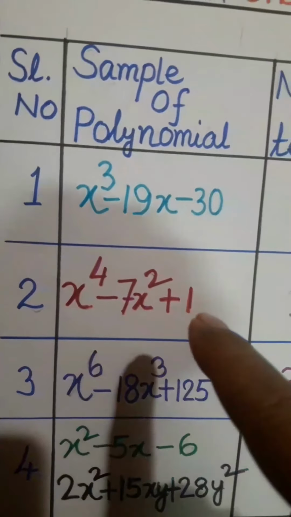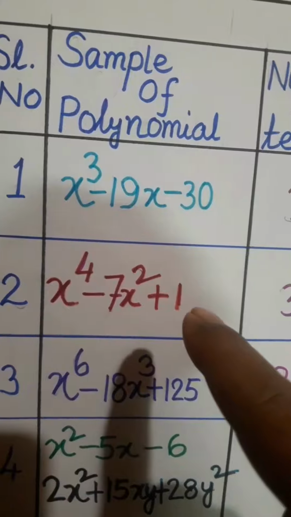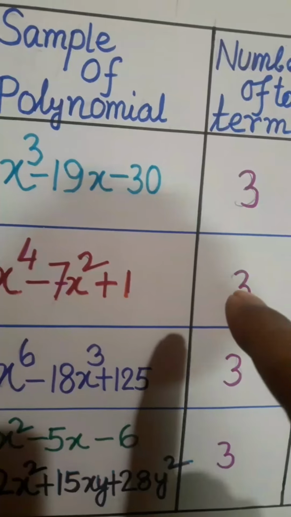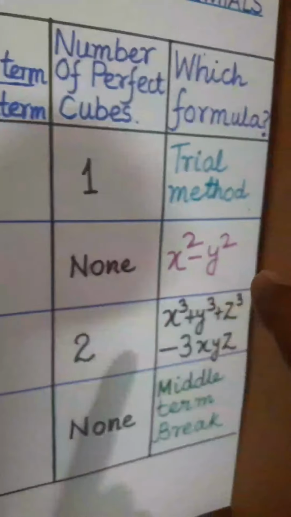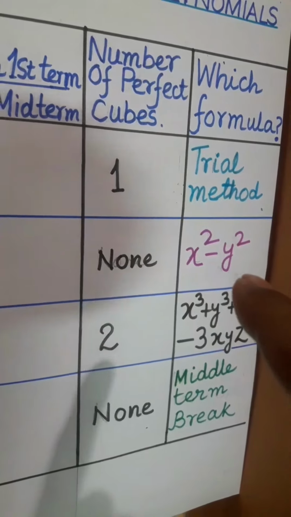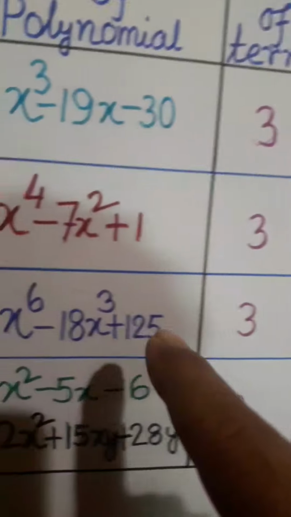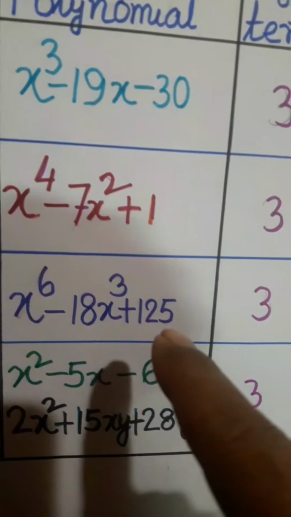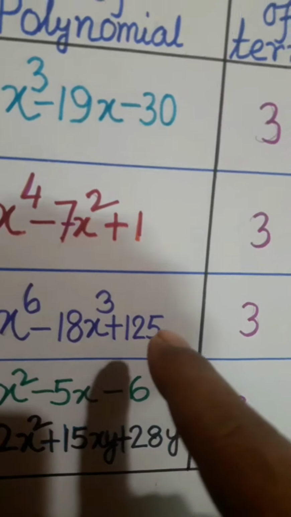In the second case, this is a case of x square minus y square, that is, the difference of two squares. The third case is a singular thing where we have found there are 2 perfect cubes.